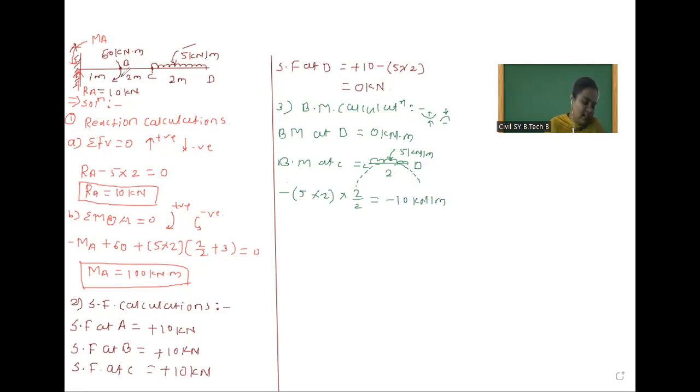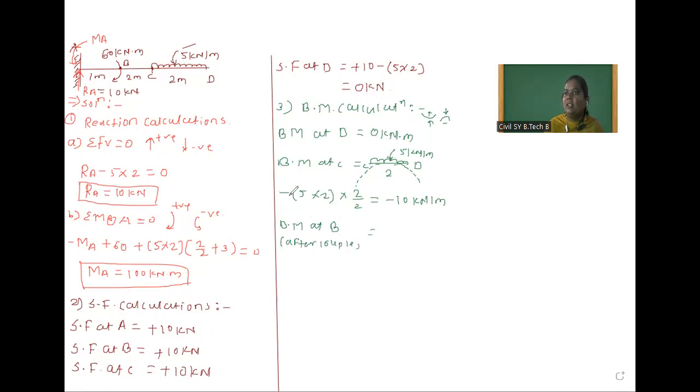After that we will calculate bending moment at B. Bending moment at B, but we will calculate from this left side because there are fewer forces here. So bending moment at B after the couple.